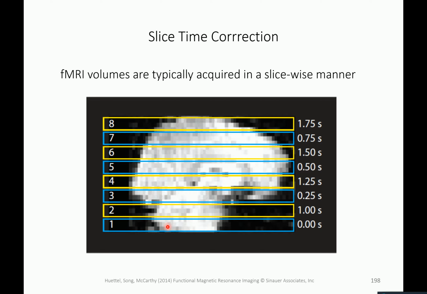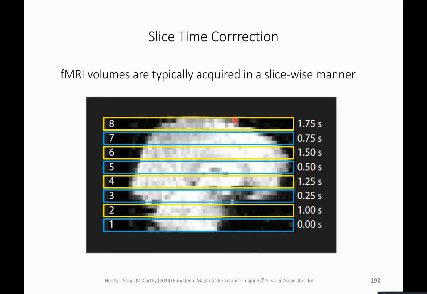So if you, for example, acquire slices of thickness 3.5 millimeter, you often in SPM reinterpolate this to 2 by 2 by 2 millimeters, so that you have a little more voxels per slice thickness than you had originally. Thing is, these slices are not acquired exactly at the same time, and depending on how they are exactly acquired, they might actually be quite different, even if they are close together in space.